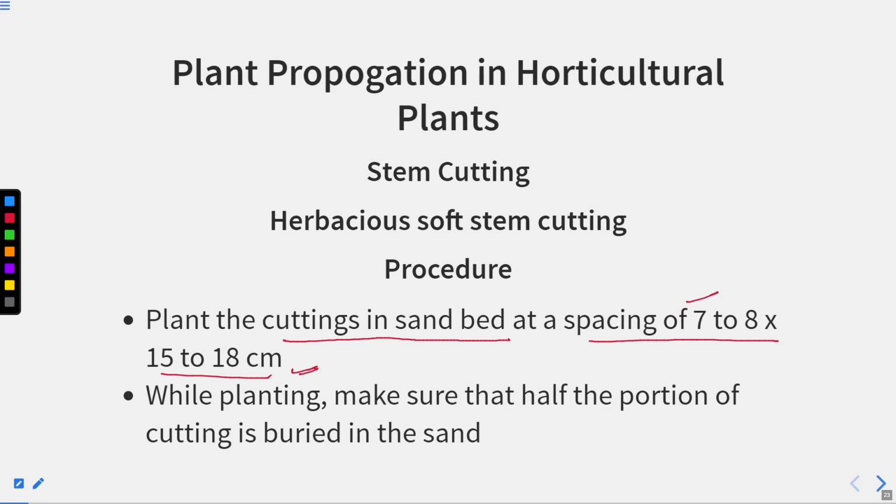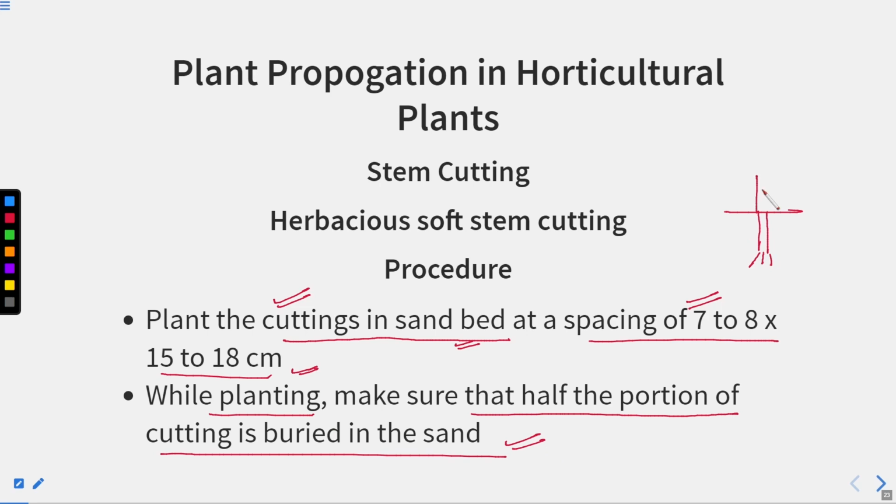So this is the spacing that we must follow, and we must place the cutting in the sand bed. While planting, make sure that half of the cutting is buried in the sand. So half of the stem must be buried and half must be above, like this.